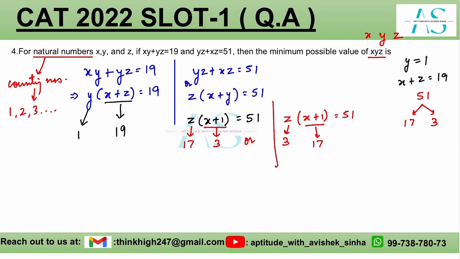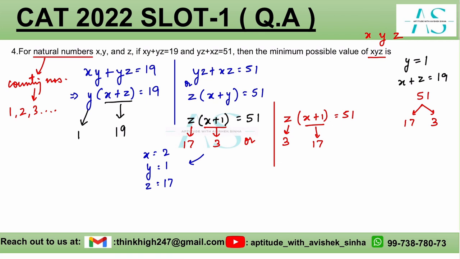Two possibilities here. Okay, let's try and solve both of them and see what do we have here. If we take this z to be 17, now x would naturally be 2 here. So we have y is 1, z is 17 and x is 2.